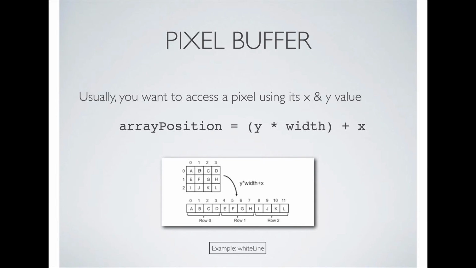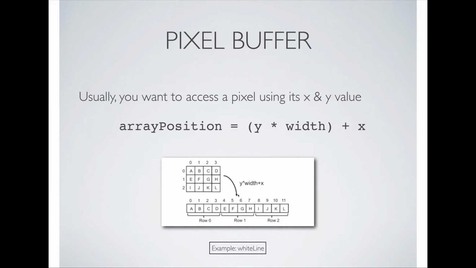We start with A, B, C, D, E, F, G, H, I, J, K, L. So we've got 4 pixels along the x-axis and 3 pixels along the y-axis. And instead we just make it a 12-element array, and we go A, B, C, D, E, F, G, H, I, J, K, L along that way.